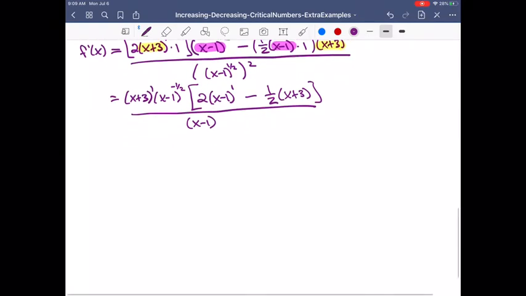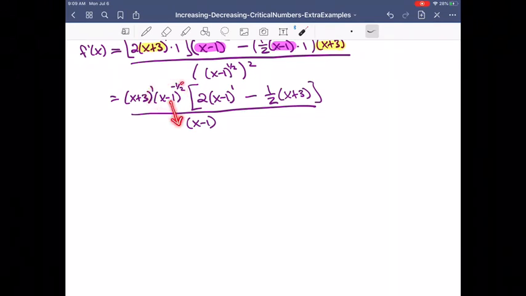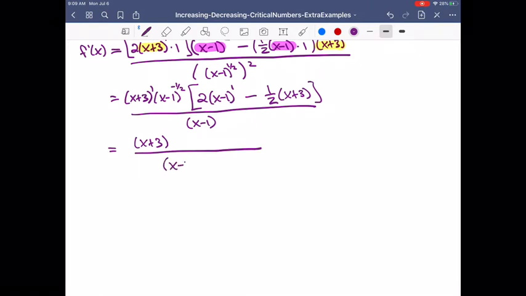Okay, so because this is now factored out and it's to a negative power, now I can drop it to the bottom. So this is going to be x plus 3, and now I'm going to have x minus 1 to the power 3/2 on the bottom, because I had a power of 1 and now I need to add a positive 1/2 to it.